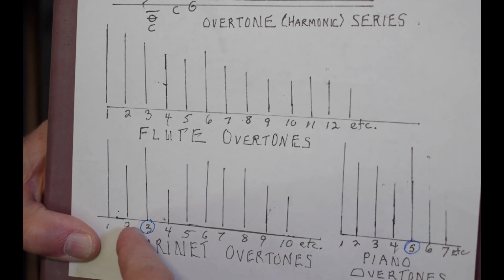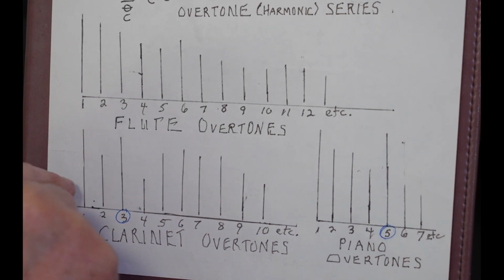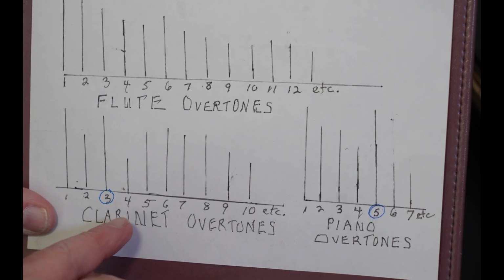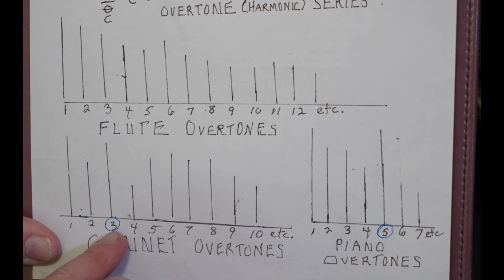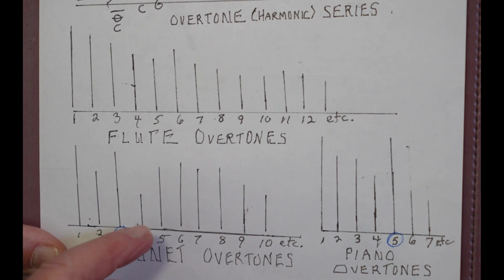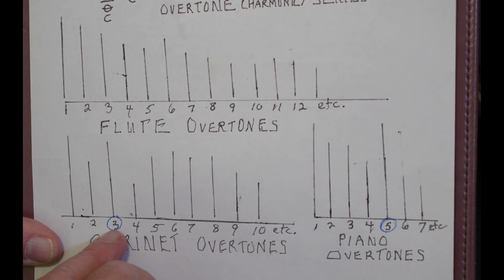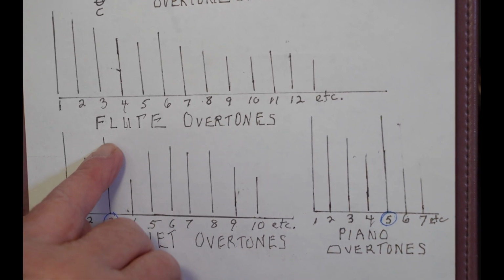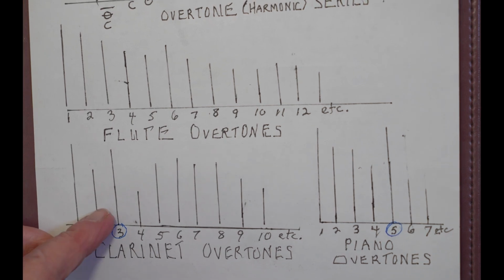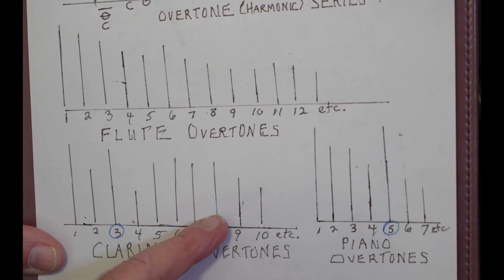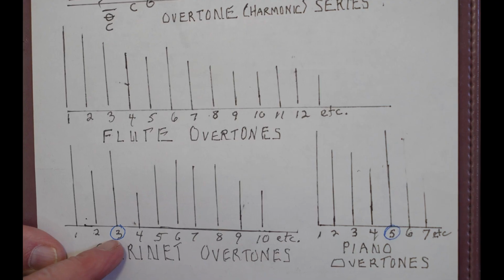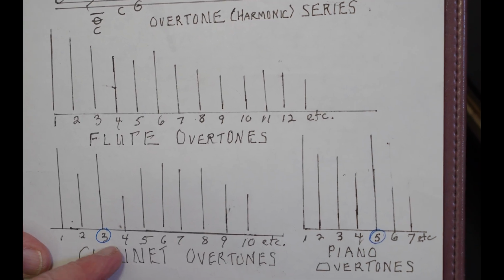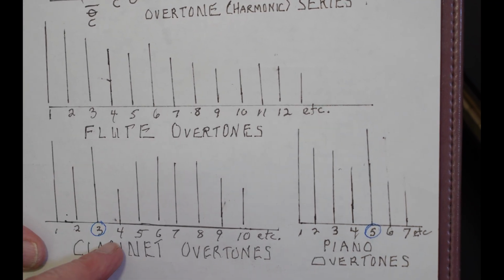They're the very same frequencies if they're playing the same fundamental note. The difference is that clarinets are designed in such a way that they accent the third harmonic, as you can see, and they accent some others along the line. And that's what makes the difference between a flute and a clarinet sound.